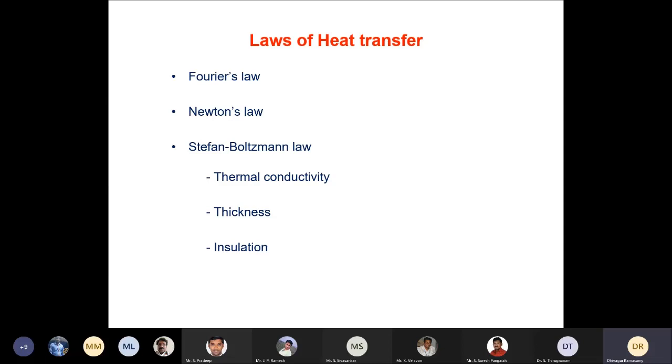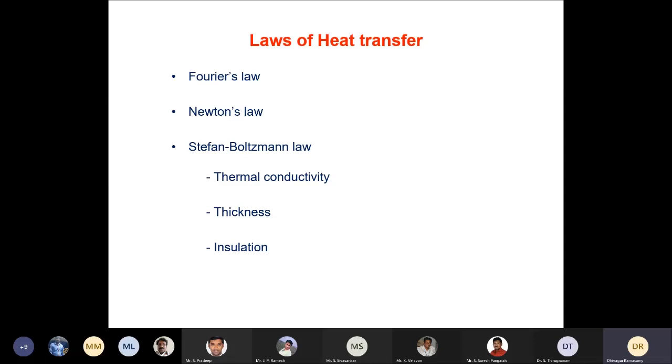If any system is perfectly insulated, that system will not lose its heat to the atmosphere easily. There are many insulation materials, like asbestos, glass wool, and wood materials, that will retain the heat for a particular time. So insulating the thermal components is very essential to retain the heat.